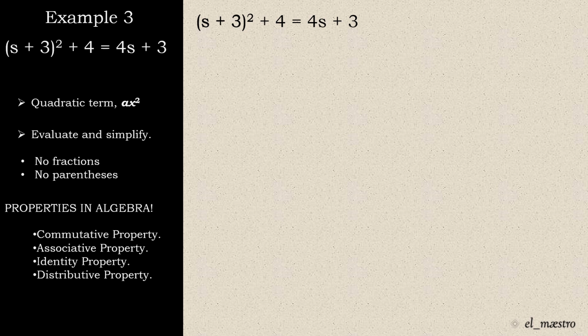Okay? So, separate nato ang naka-parenthesis. So, s plus 3 in parenthesis squared. Okay? So, that means you multiply s plus 3 by itself. Or that is equal to, okay, so s plus 3 squared is simply equal to s plus 3 times s plus 3.